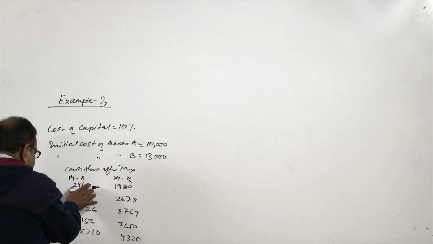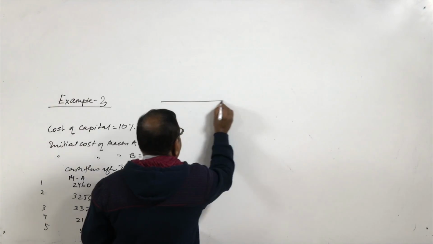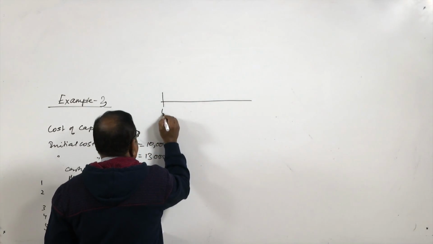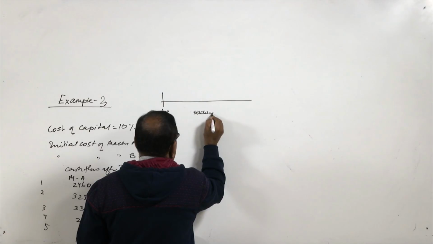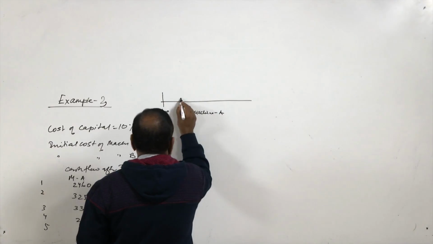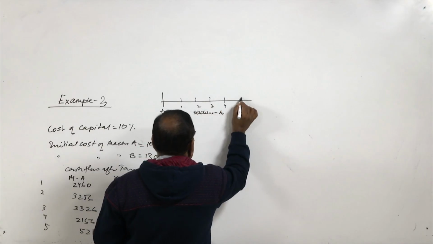Now, if you calculate the present value of this, if you see the machine A, this is the timeline, 1, 2, 3, 4, 5.